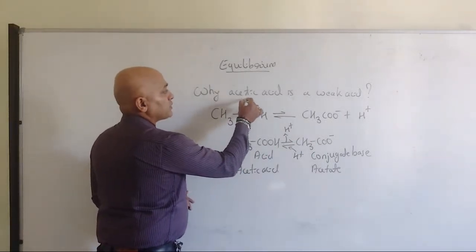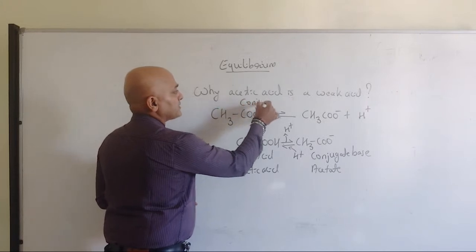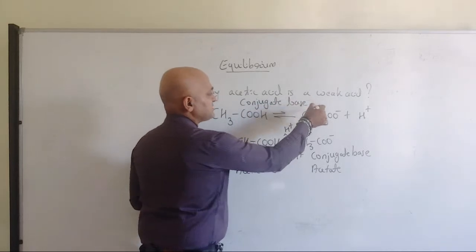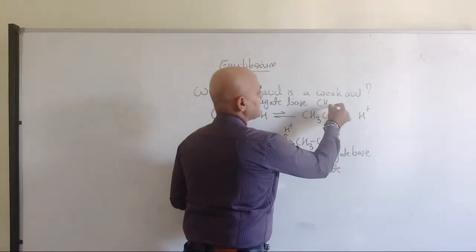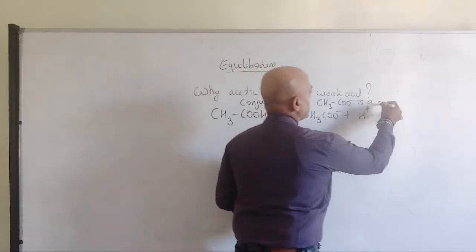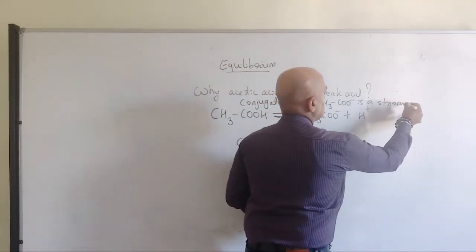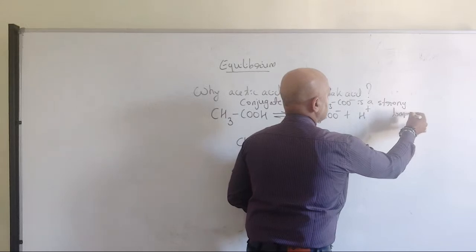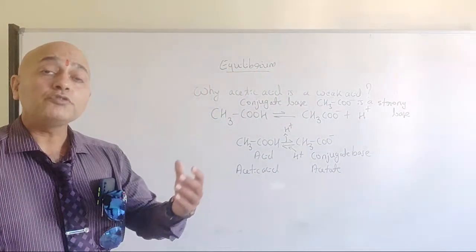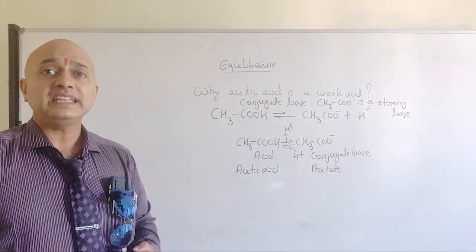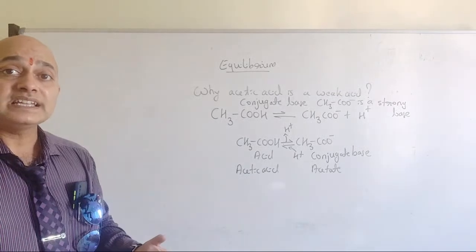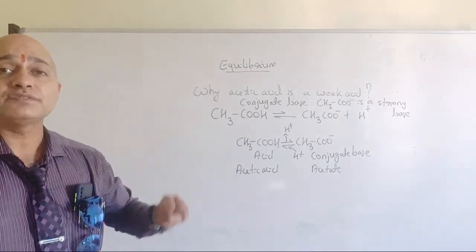Because the conjugate base, in this case which one is it? Acetate. The conjugate base is a strong base. Since the conjugate base is a strong base, it will not release the H plus easily. It will hold the H plus with it.